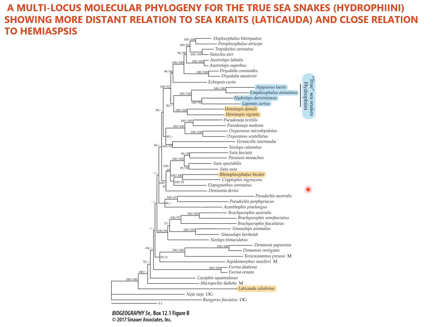And so that's what we're looking at here. So here it's a multi-locus molecular phylogeny for the true sea snakes, which is this group here. And basically, I'm not going to walk through all of this because it's just a lot going on here. But they found that these species here were more distantly related than what they were originally thought to have been.